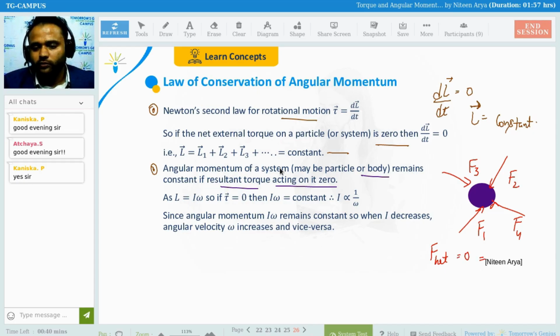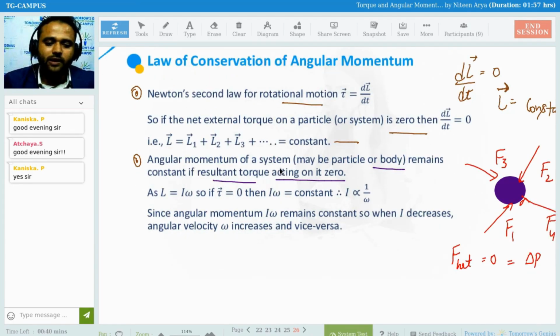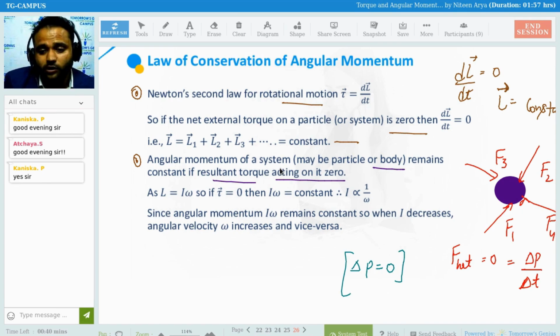When net force is 0, time cannot be 0, because time is always moving from initial to final, so the change in momentum is 0. That states that for this ball system, the momentum P1, P2, P3 and so on is going to be constant.